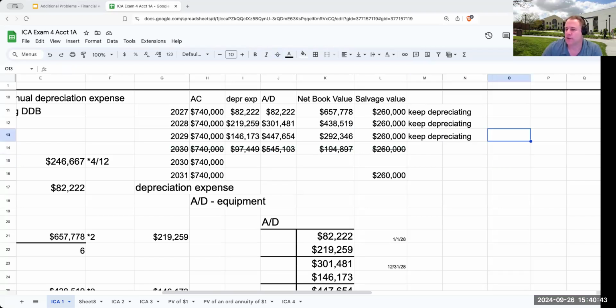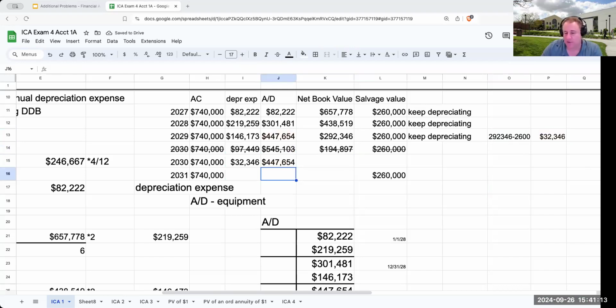I'm going to go to the prior year, 2029. I'm going to look at the net book value, 346, minus the salvage value, 260. I'm going to subtract salvage value from the net book value, and I'm going to get 32,346. And I'm essentially going through here and manually determining the depreciation, right?